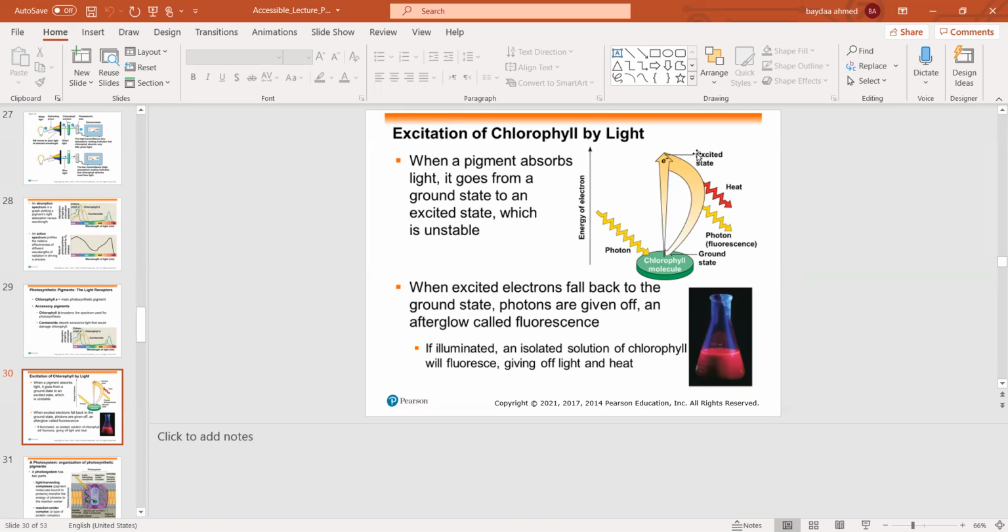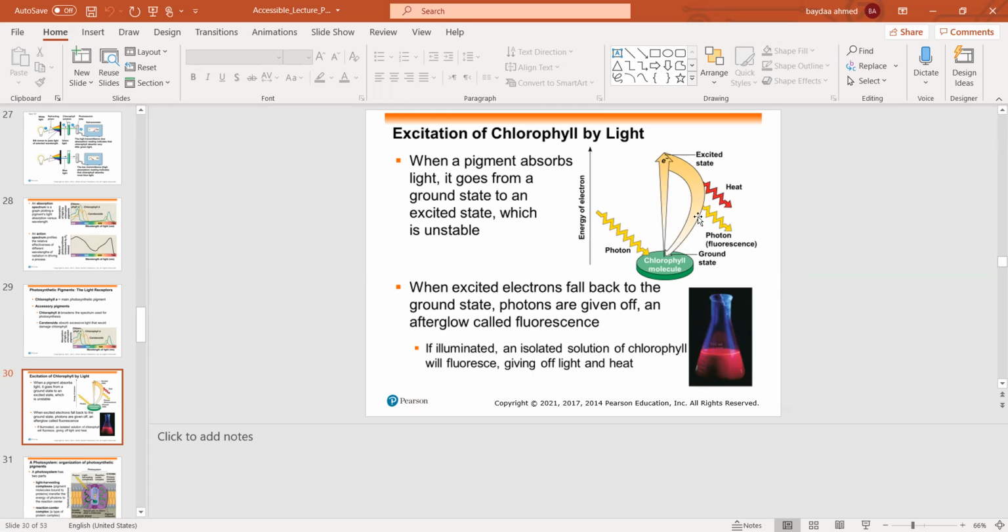As the excited electrons fall back to the ground state, photons are given off, a phenomenon called fluorescence. An illuminated solution of chlorophyll isolated from chloroplasts will fluoresce in the red part of the spectrum and also give off heat.